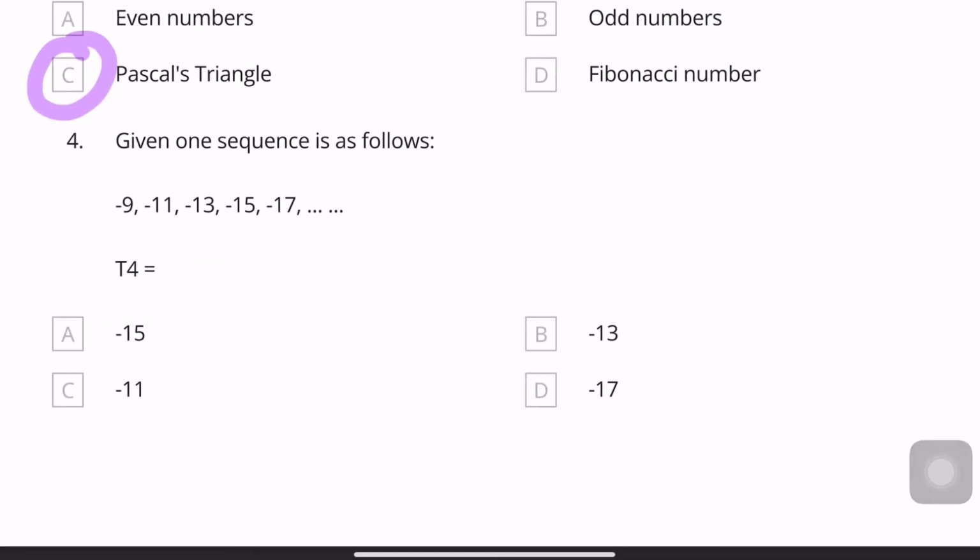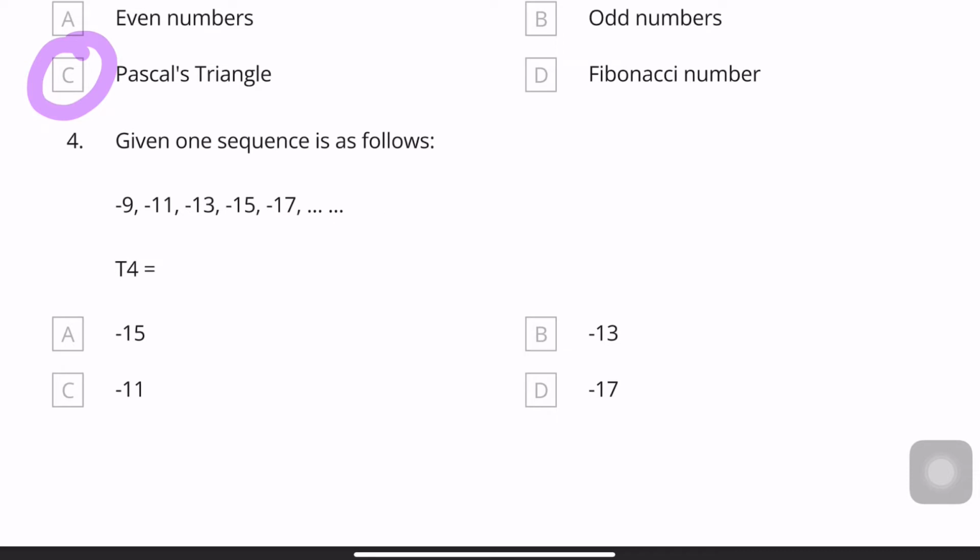Given one sequence as follows: -9, -11, -13, -15, -17, and so on.